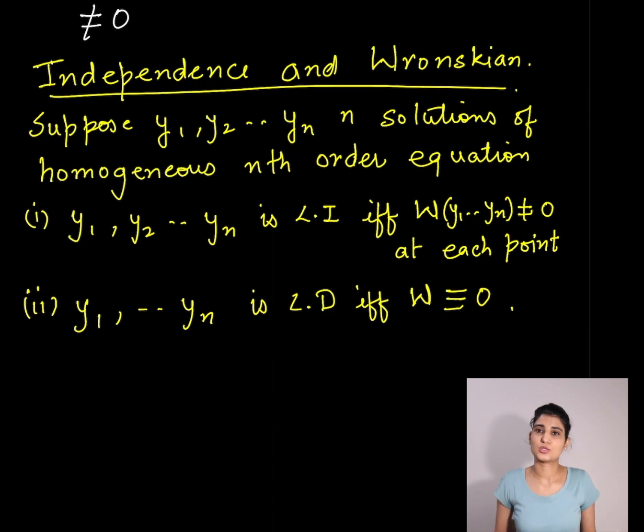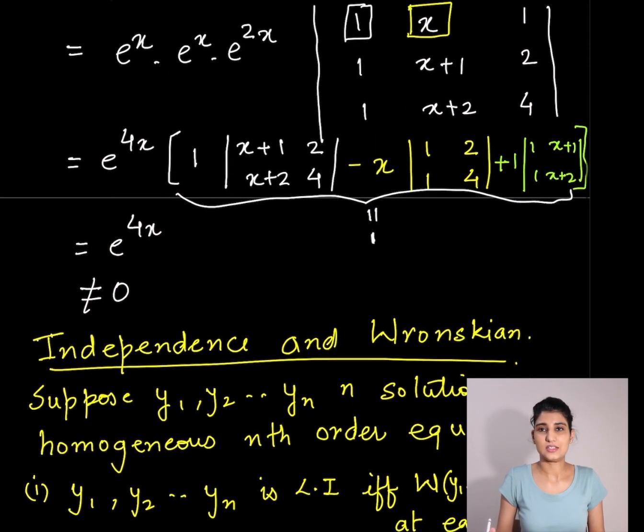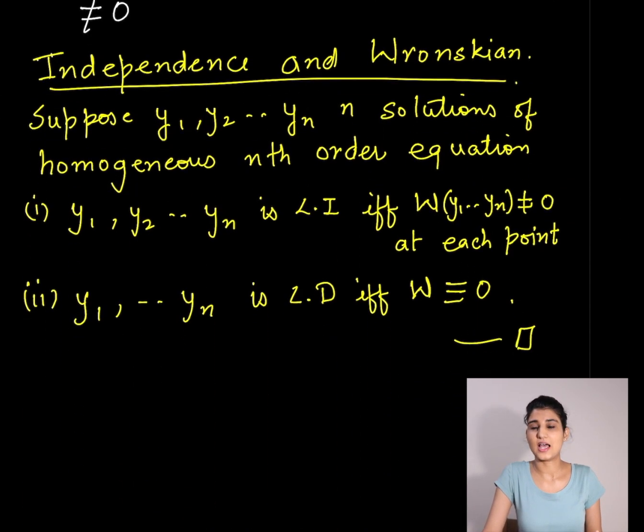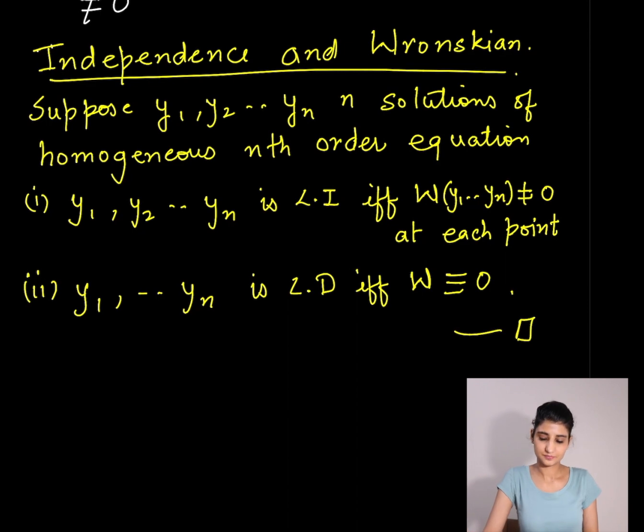Either the Wronskian is going to be 0 at all the points, or it's going to be non-zero. If it's non-zero, the functions are linearly independent. If it's 0, the functions are linearly dependent. So in the previous case, the Wronskian was non-zero, so we can conclude from here also that e to the power x, x e to the power x and e power 2x are linearly independent.